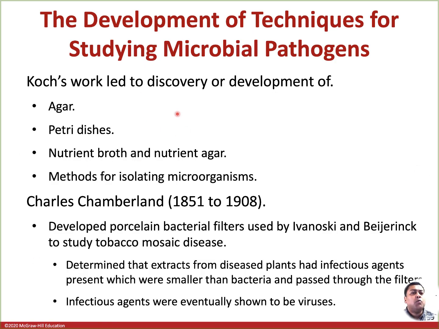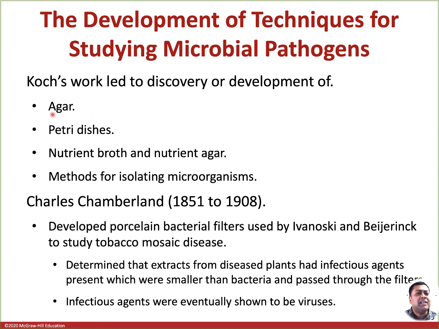So Koch's work actually led to the discovery of agar. We are going to talk about that. This is a plant-derived material. It is actually from seaweed, and from the seaweed you get this material.